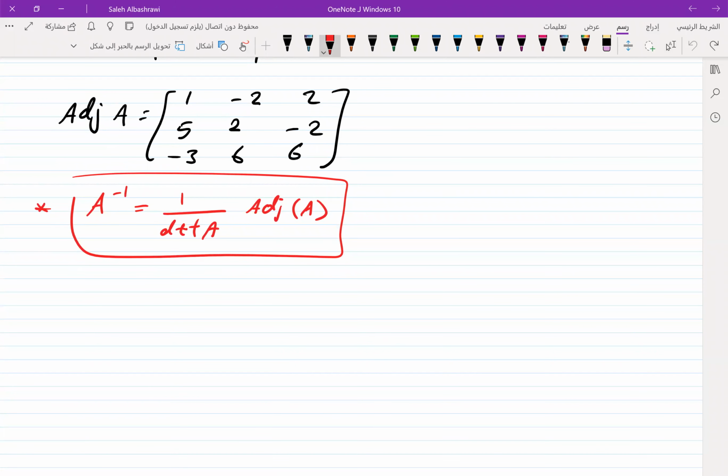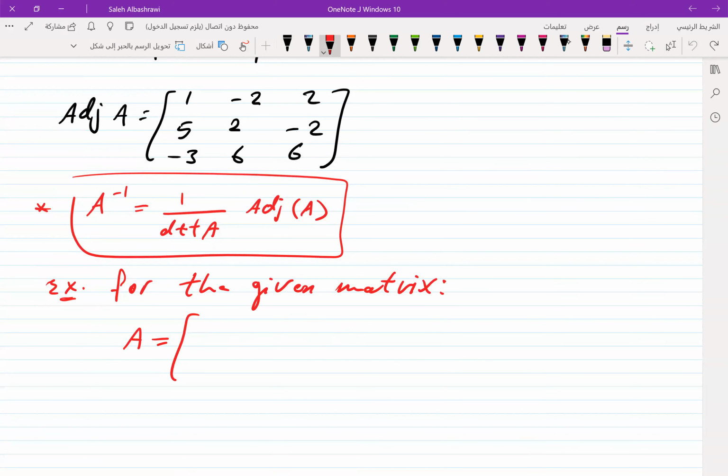Now for the given matrix, A was given in the example by 2, 2, 0, minus 2, 1, 1, 3, 0, and 1.